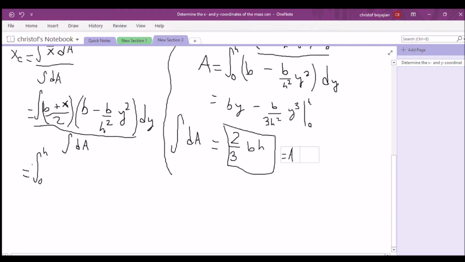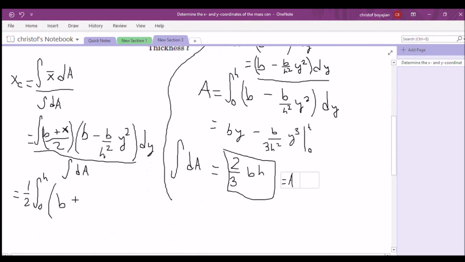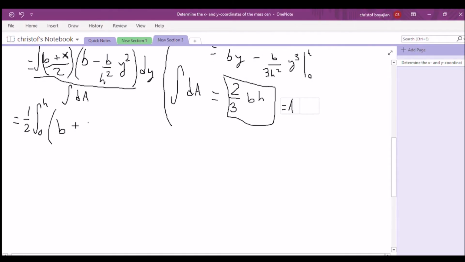And we can actually take out the 1/2 if we want to, because the 1/2 is just a constant. What I mean by this 1/2 is this 2 right here on the bottom. So we can take that out and put it as a 1/2 over here. Makes it a little bit simpler, just a tiny bit. All right. So b plus, and we're going to replace x with ky squared. So k we said to be b over h squared times y squared.